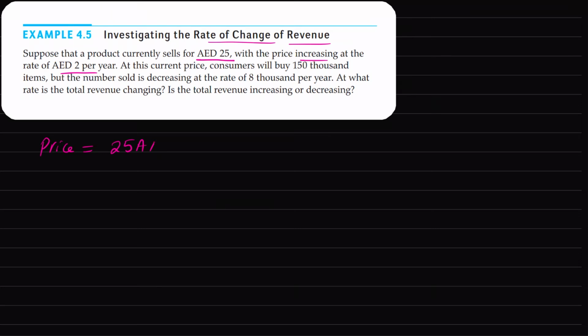So the price is 25 dirham and the rate is increasing, rate is 2. And at this current price, the customer will buy 150,000 items. So the quantity is equal to 150,000 items.